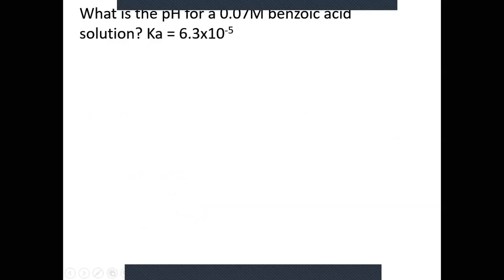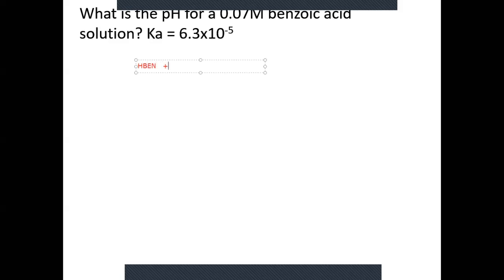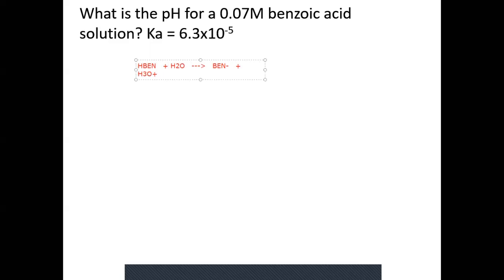Like 1,000 times more magnitude in the concentration versus the Ka. So let me write a generalized formula. We have benzoic acid, call it HBen, plus water yields Bn negative, benzoate, plus H3O plus.